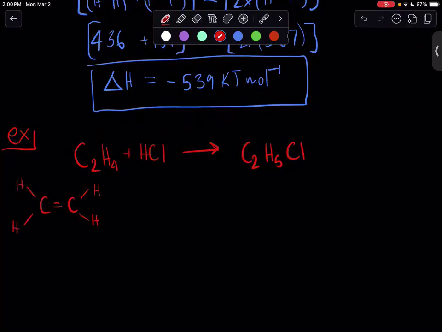Normally, you may have these diagrams already provided to you, unless you are later in the curriculum where you are able to draw them yourself. So there is our ethene. Then all we have to do is break that double bond, put a hydrogen on one end and a chlorine on the other.